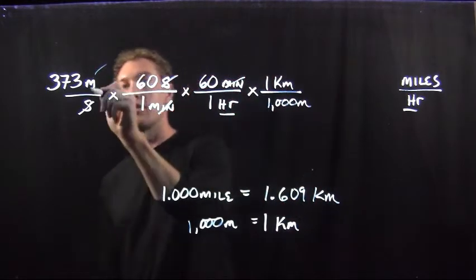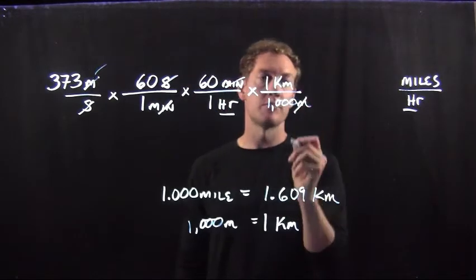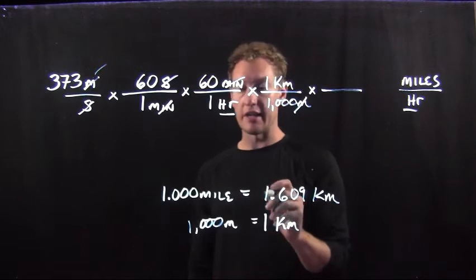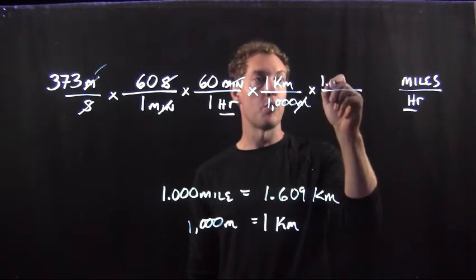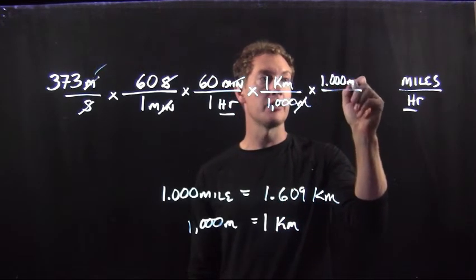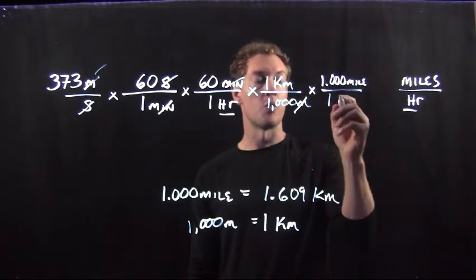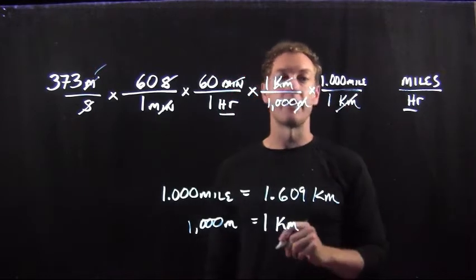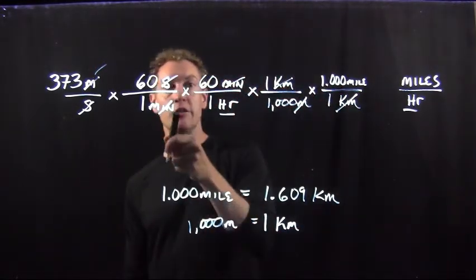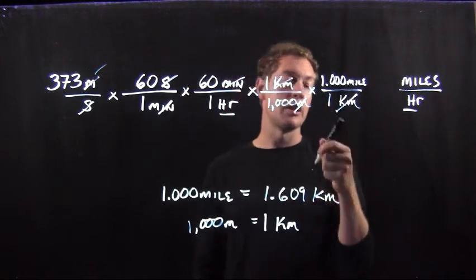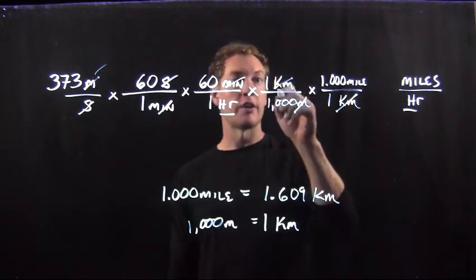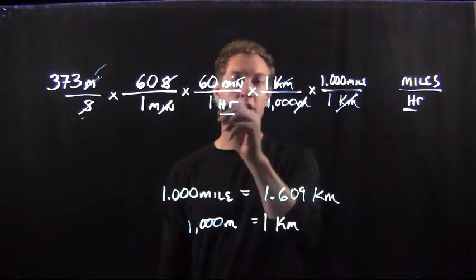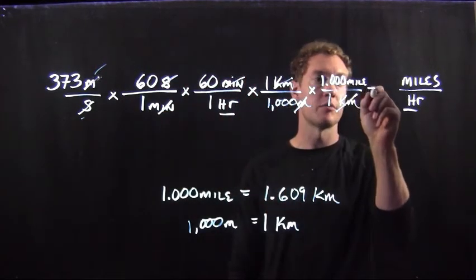That meters goes all the way back and divides out, times, and then we can use our last fact there, that it's 1.000 miles for every 1 kilometer. And kilometers divide away. Each of these is a true statement. I've got kilometers divide out, meters divides out, seconds, minutes, left with hours and miles.